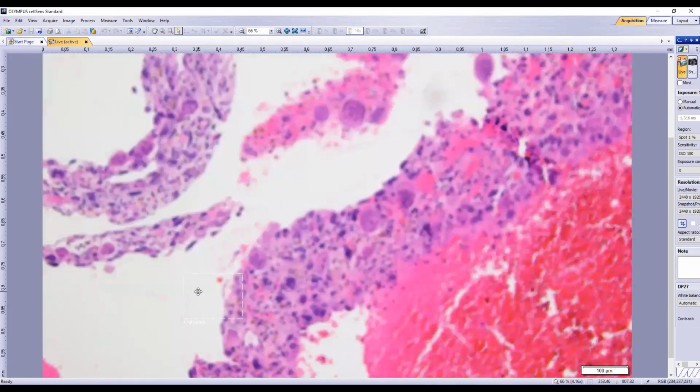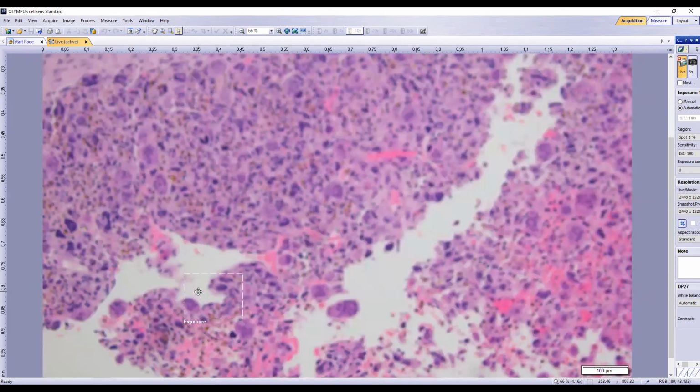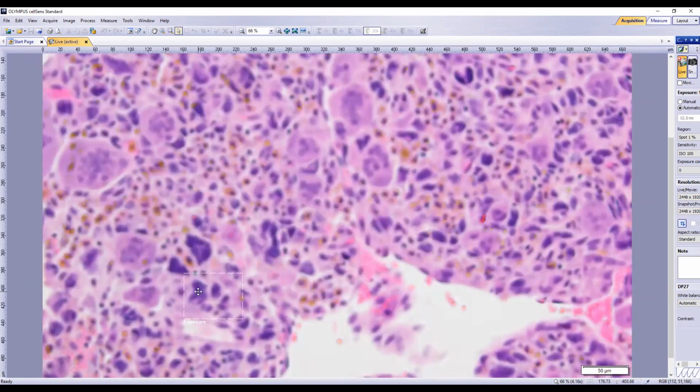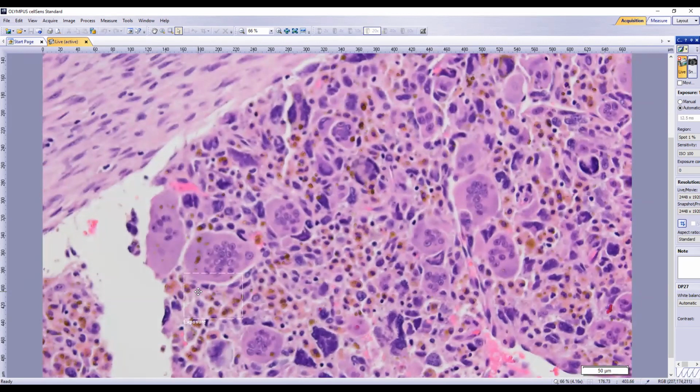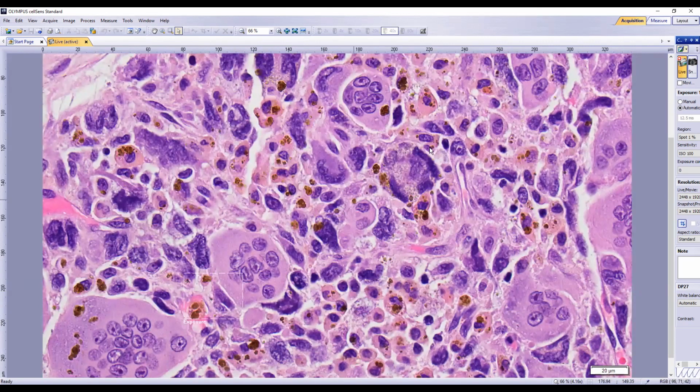And despite sampling the tumor extensively, let me focus on this area so you can see the ugly nuclei of the tumor. Look at these nuclei. The giant cells, but then there are these ugly nuclei too.